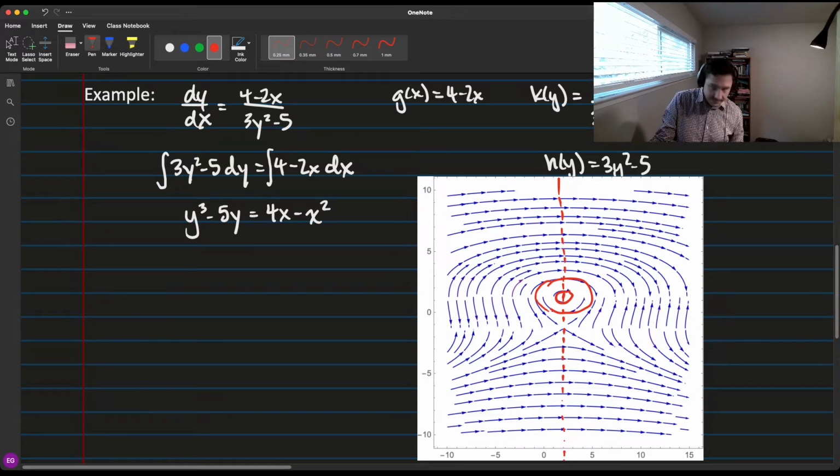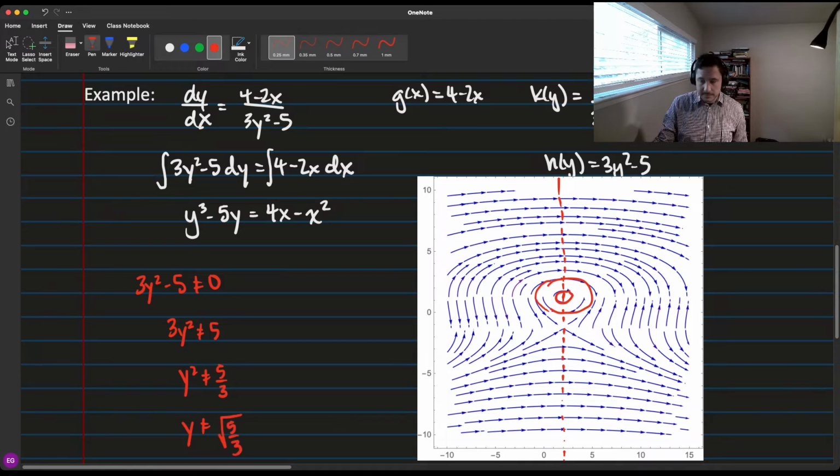So what do you know about this derivative? You know that 3y squared minus 5 can't be equal to 0, correct? Which means that 3y squared can't be equal to 5, which means that y squared can't be equal to 5/3, which means that y cannot be equal to the square root of 5/3.